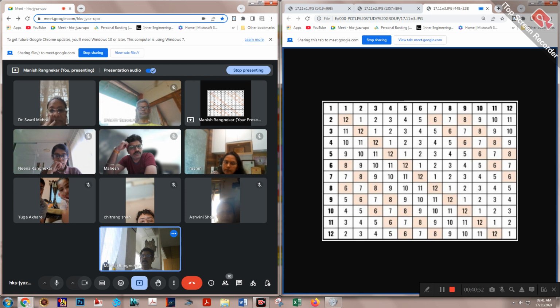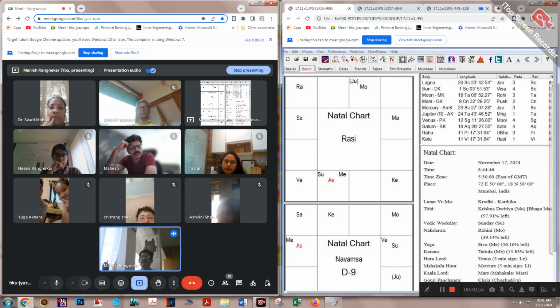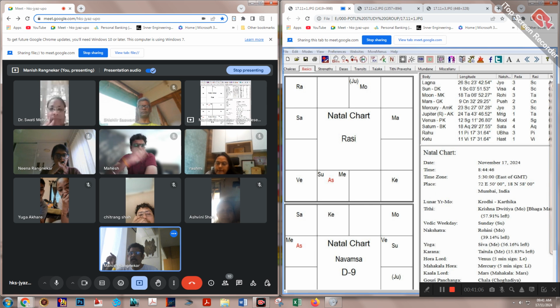Now let me first go to a sample chart. Just look at this sample chart. Now if you see here, pay a little attention. It is very simple, but if you get this, it is okay. This is the ascendant. This is the father. 9th house, correct?